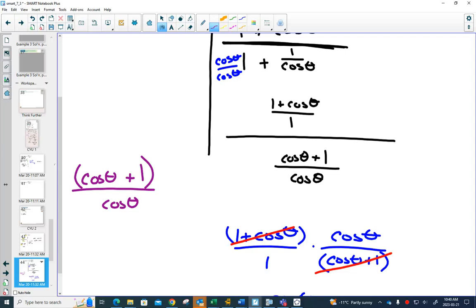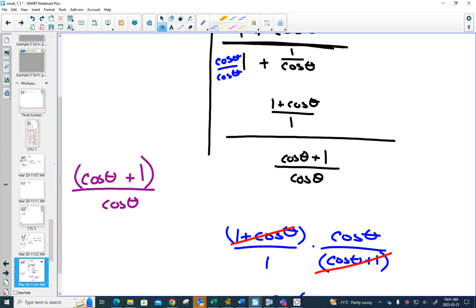But I guarantee, mathematics is like chocolate, it's tempting. You'll be like, ooh, I'm tempted to cancel that out. You're not allowed to in this situation, because you can only simplify if factors are identical and if you're multiplying. So here, this cos theta plus 1 gets grouped together, this cos theta plus 1 gets grouped together.